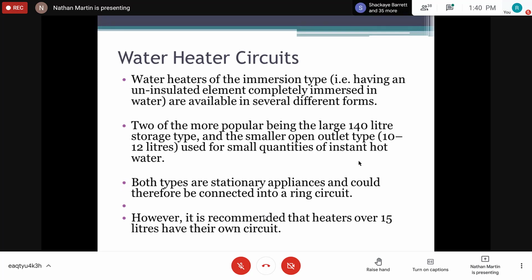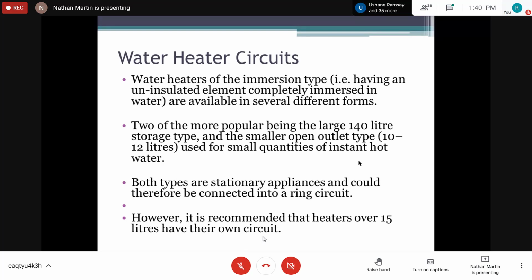These are the ones that we use in our home, the electric type. Both types are stationary appliances, so they are classified as stationary appliances, and as such should be treated in a certain way. It's recommended that heaters over 15 liters have their own circuit. So we're talking about water heaters with capacity greater than 15 liters.